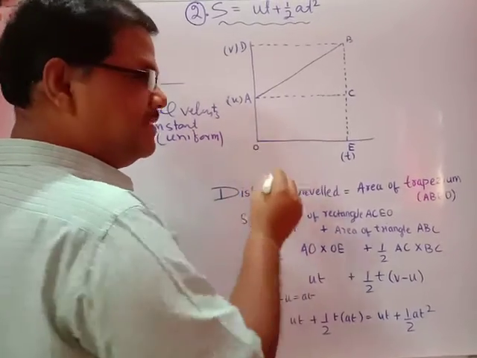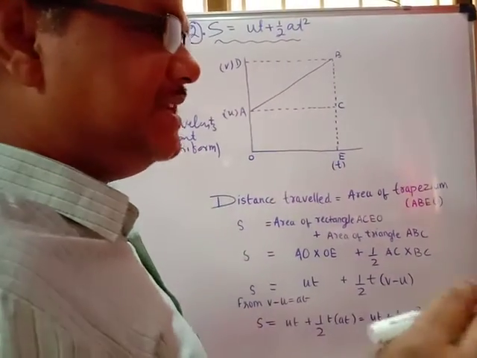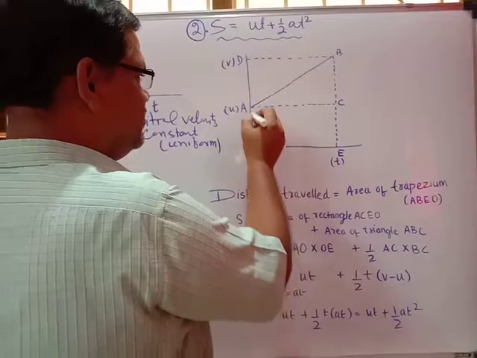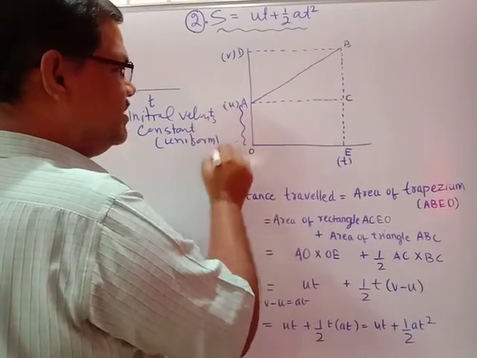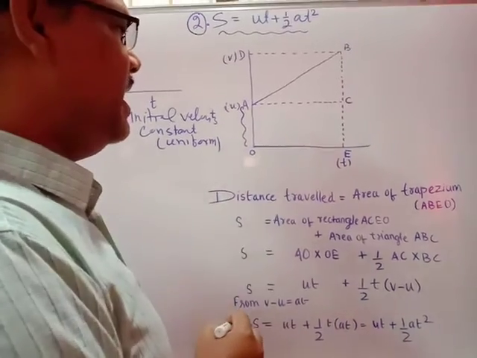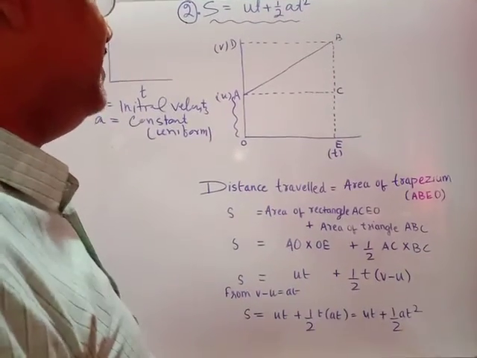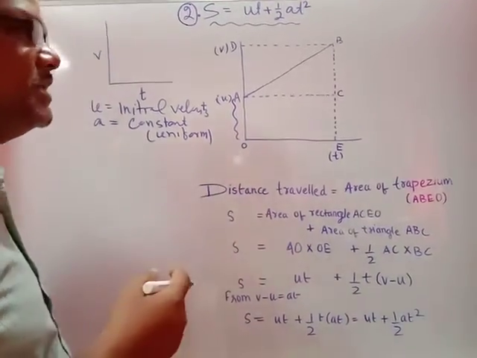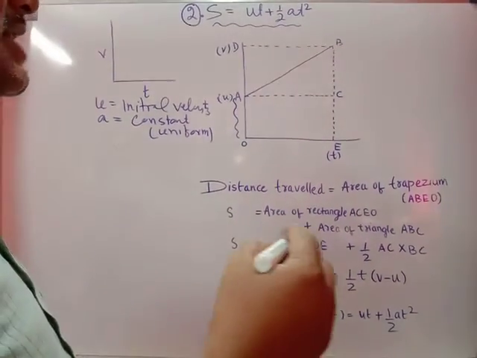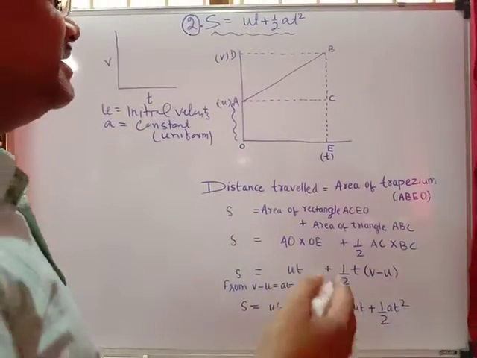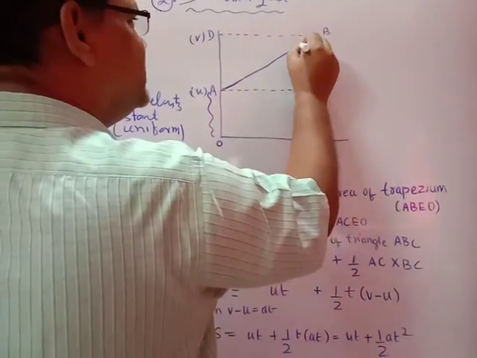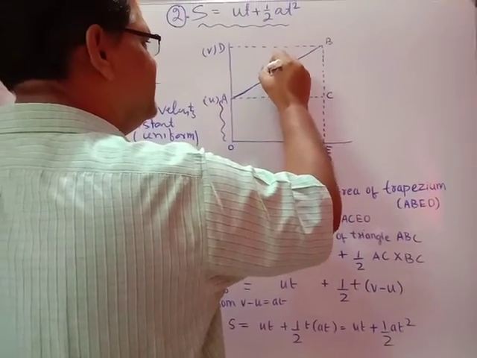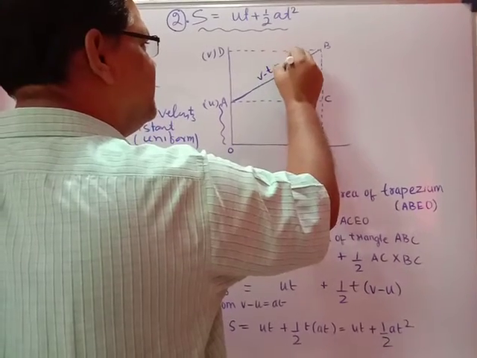At the same time the body has the initial velocity u. So this velocity from O to A is called u. After the starting velocity, it moves with constant acceleration, and the graph becomes a straight line. This is the Vt graph.